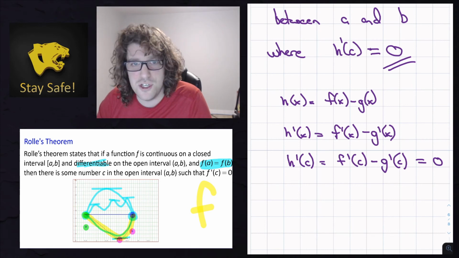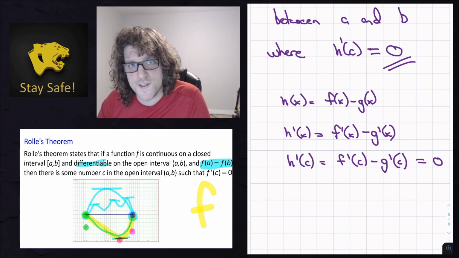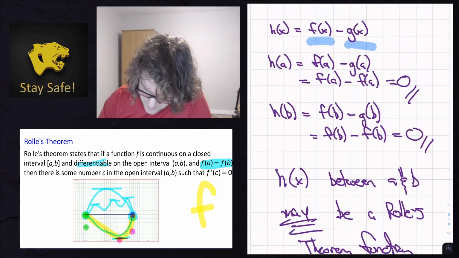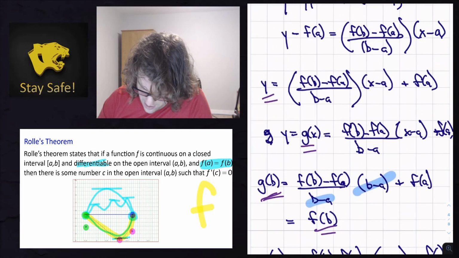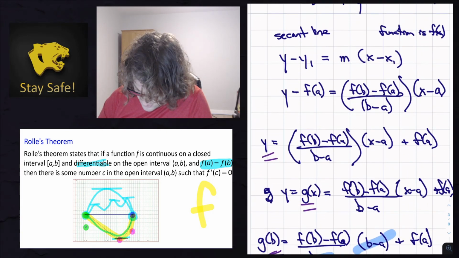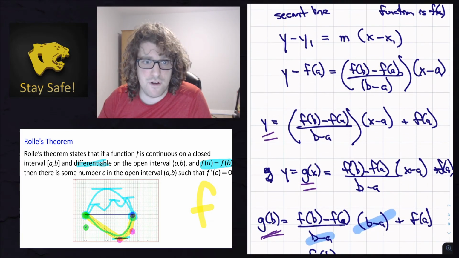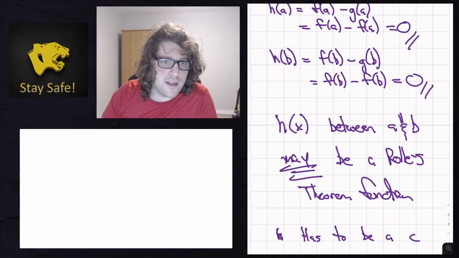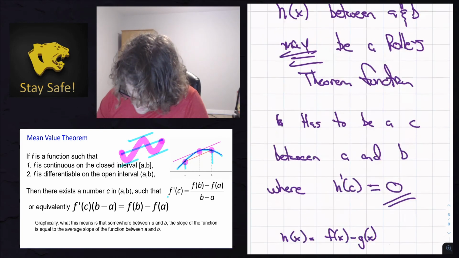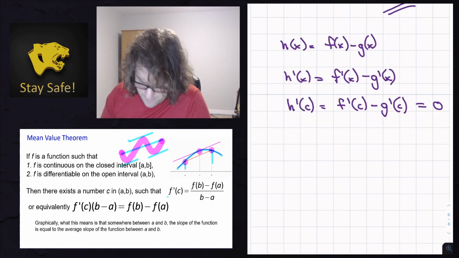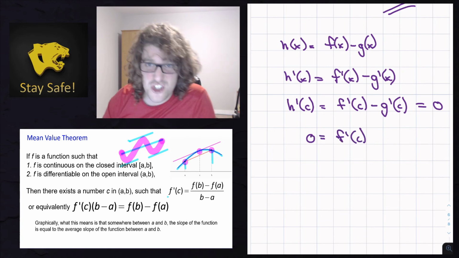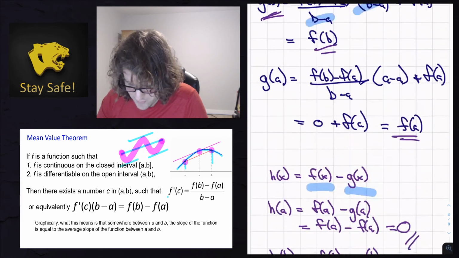So now the question is, do we know what f prime at c and g prime at c are? So we're going to go back up for a second, and we're going to look at what f is. f is our original function, so I'm just going to leave that as f prime at c. So 0 is equal to f prime at c minus g prime at c. Now, what is g?